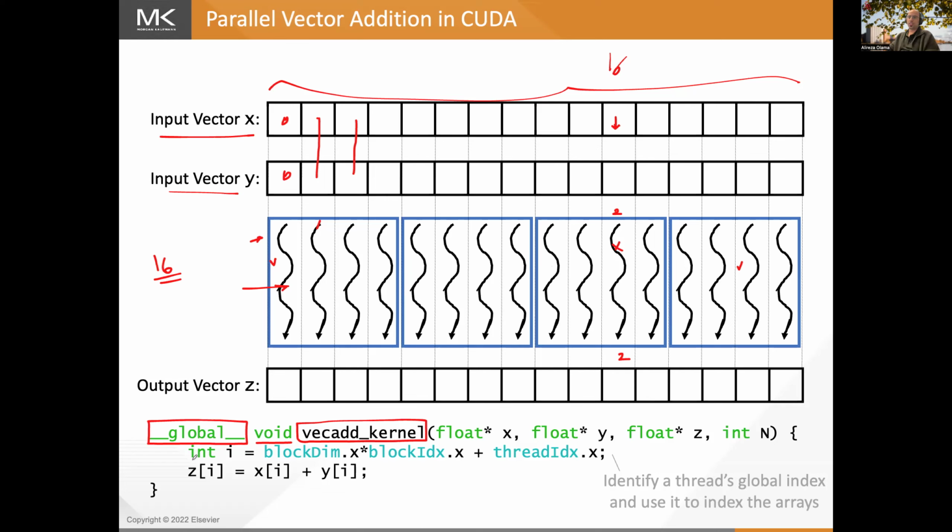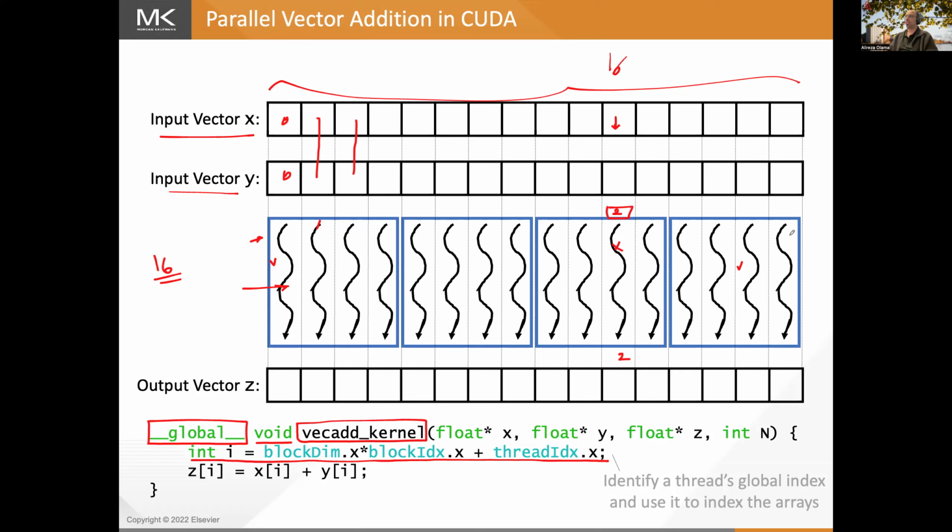So then using this simple line, I can compute the thread global index along the x-axis. I just need to multiply the dimension of the blocks along the x direction with the block index, and then add an offset using the thread index, right?